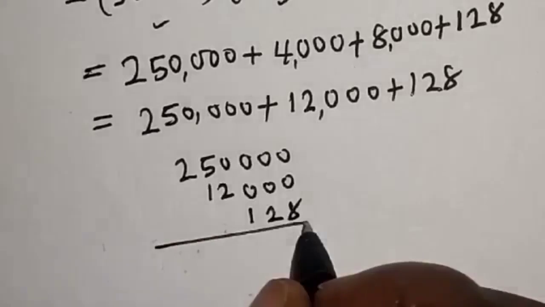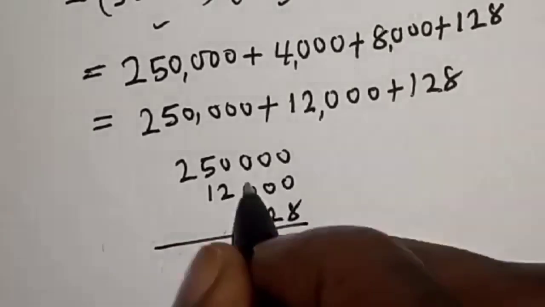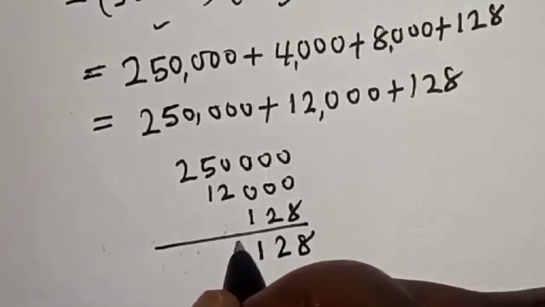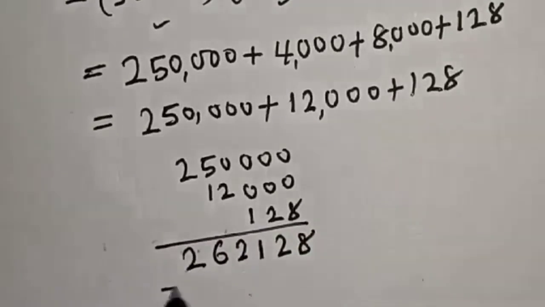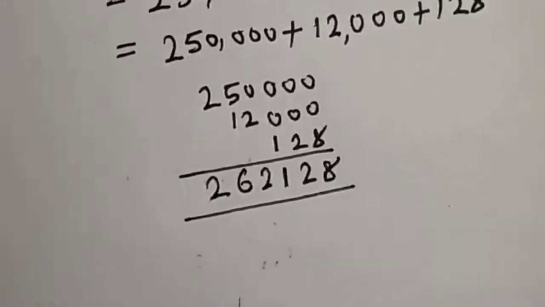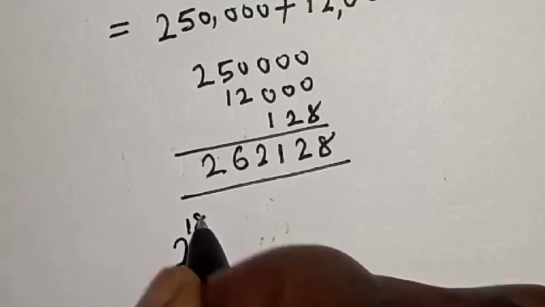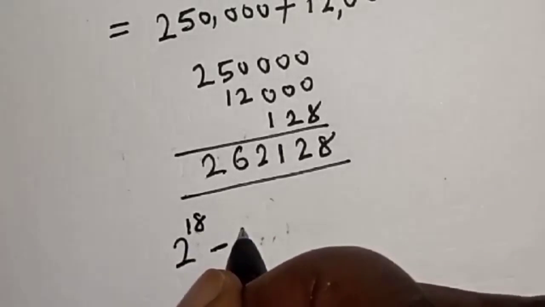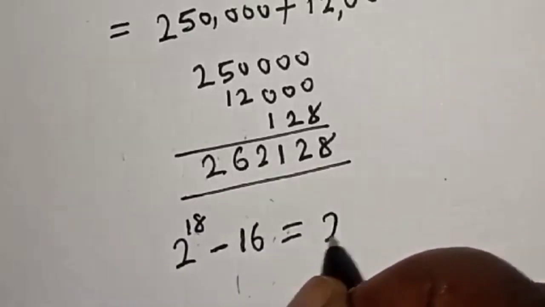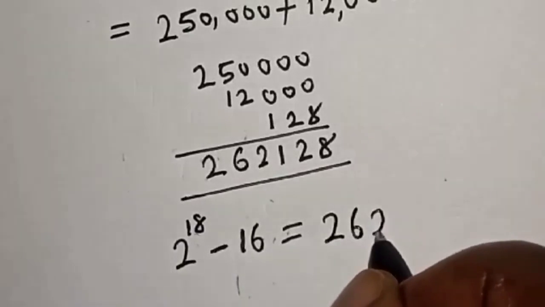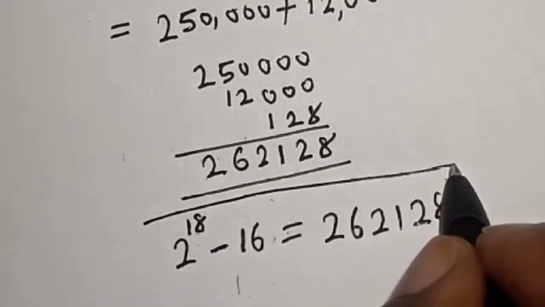So if you add everything, we have 8, then this is 2, this is 1, this is 2, this is 6, and this is 2. Therefore, 2 raised to power 18 minus 16 is equal to 262128. That is our final answer.